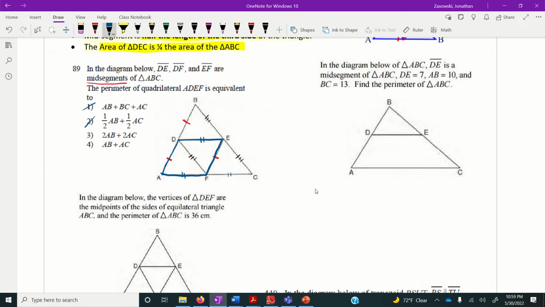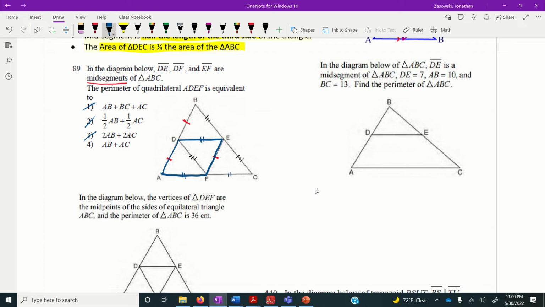That's a no. Is it equal to 2 times AB plus 2 times AC? That seems like a lot. That would be 4 of these half lines. That's also not true. It is going to be choice 3.